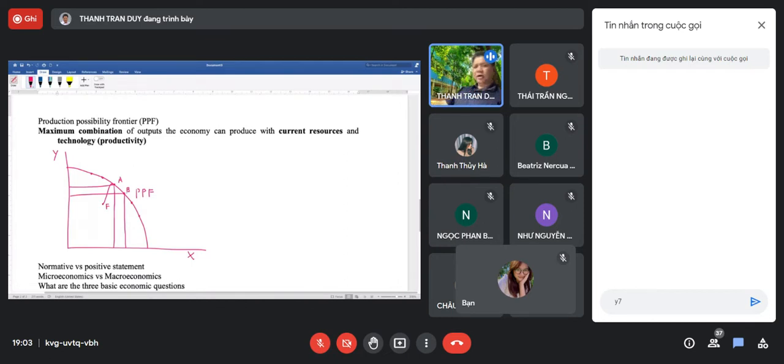They call it Pareto efficiency. Okay. Now, any point outside this curve is unattainable.